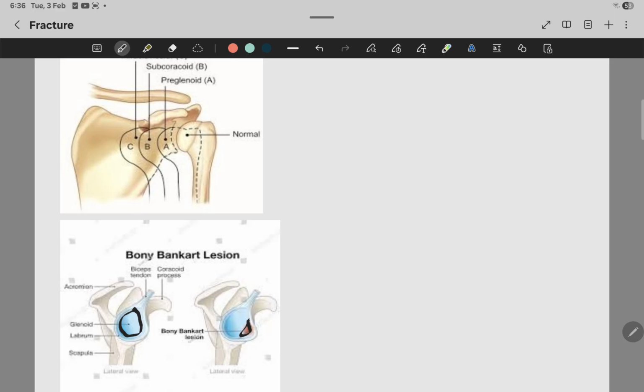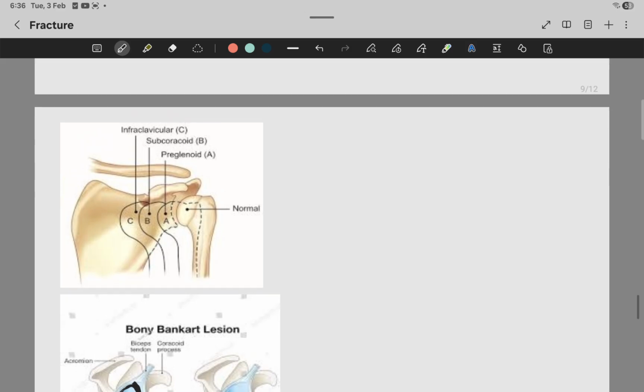The glenoid labrum is attached to the glenoid cavity, and due to dislocation, there may be a tear in the glenoid labrum. When there is detachment of this glenoid labrum from the bony portion, that is known as the Bankart's lesion, which mainly occurs anteriorly. Okay.